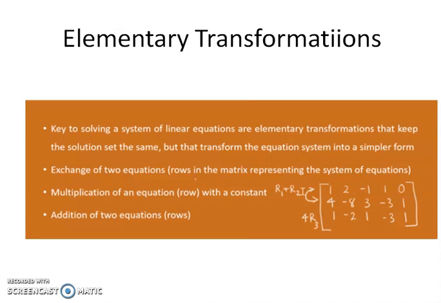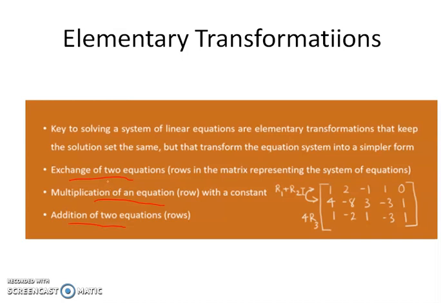The task is to transform the equation into a simpler form, which can be done by either exchanging two equations, multiplying an equation by any constant, or adding two equations. The previous example was done based on this logic. Similarly, in the case of matrices we can perform the same logic.